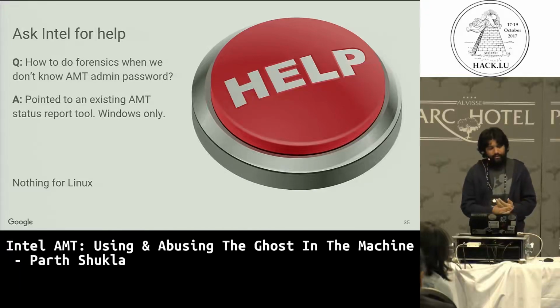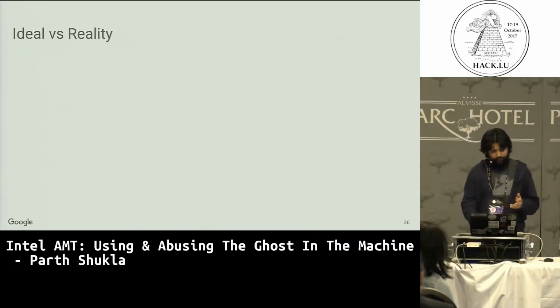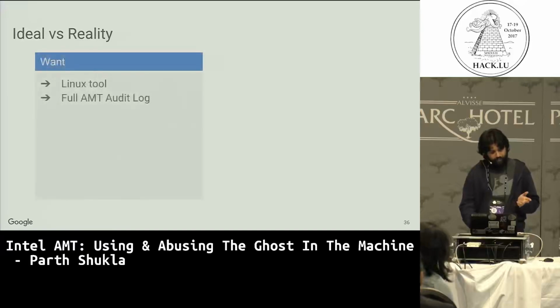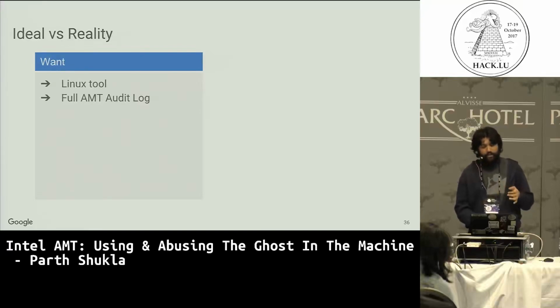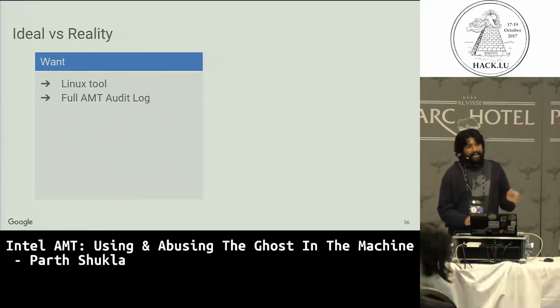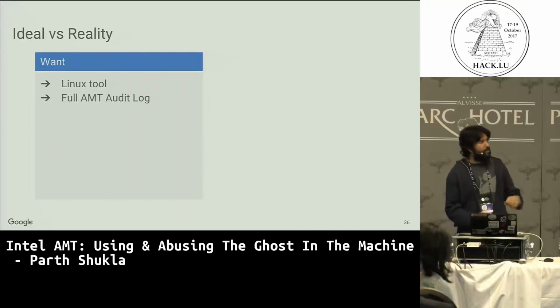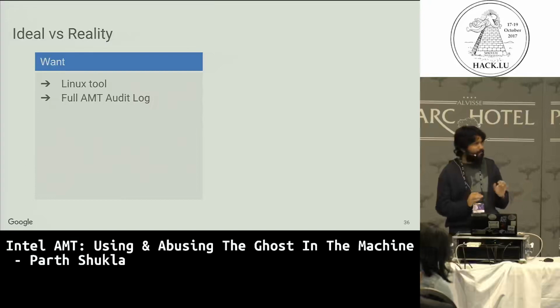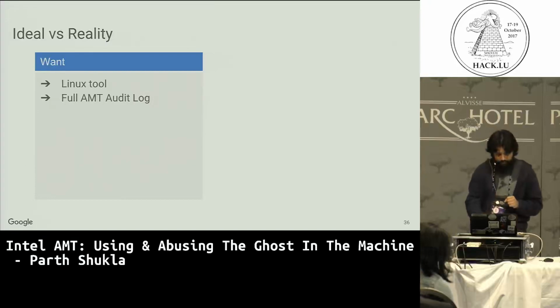Unfortunately, the AMT doesn't have Linux team anymore, so they have no Linux tooling. So this is what I wanted, a Linux tool that gives me the full AMT audit log. Now, the AMT audit log logs all actions, and it can be cleared by an admin user, but clearing it leaves a log saying someone cleared it. So it's at least some use.